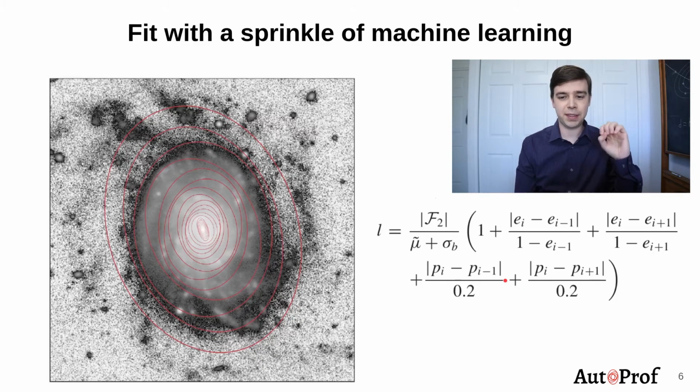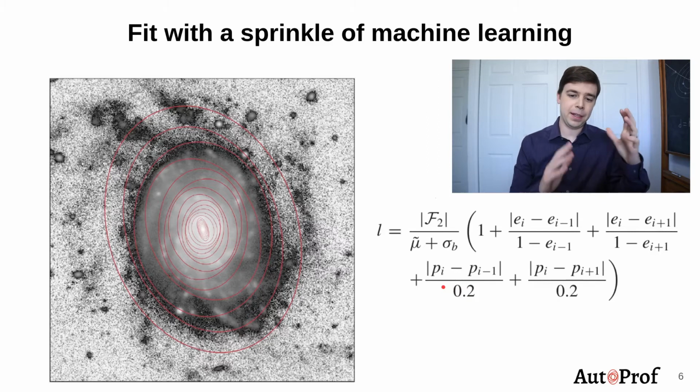fits more robust. So what this term represents with all of these components here is a penalization for being very different from your neighboring isophotes. So the isophote's ellipticity minus the ellipticity of the neighboring isophote is used here, one less and one above, and same for the position angle.